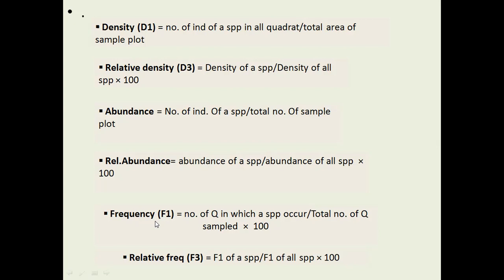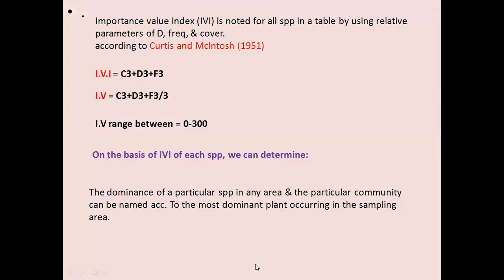And the relative frequency is the number of times something happens out of the total number. Like F1, frequency of a species, divided by frequency of all species multiplied by 100.